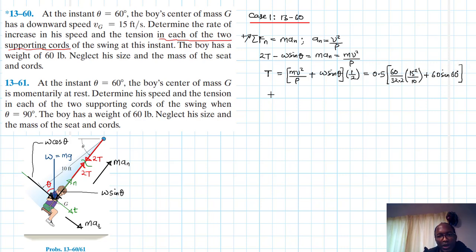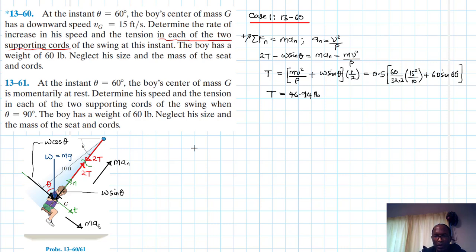Therefore T equals 0.5 times (60/32.2 times 15 squared divided by 10, plus 60 sine 60), which gives 46.94 pounds.